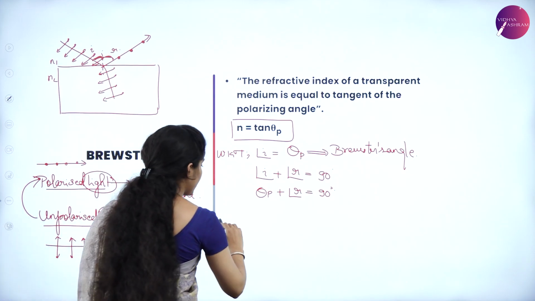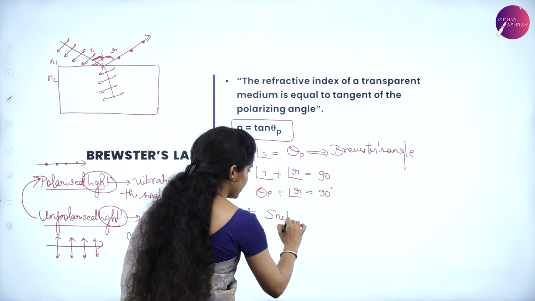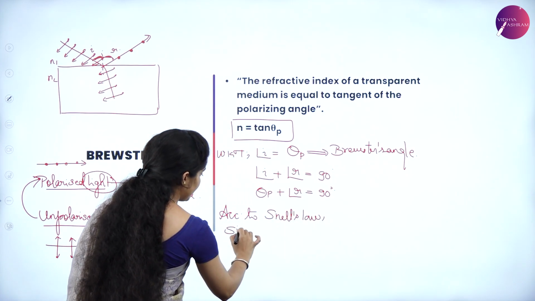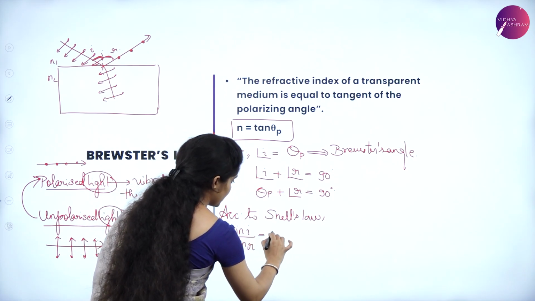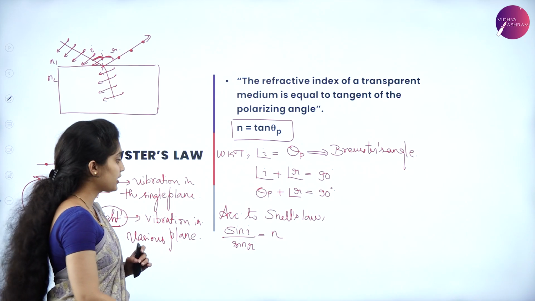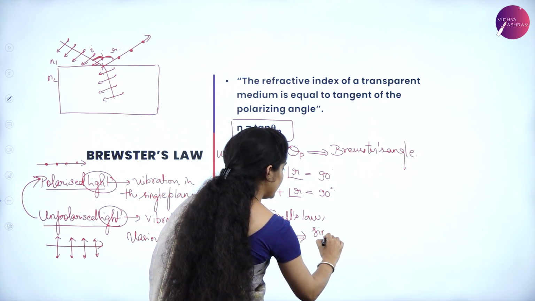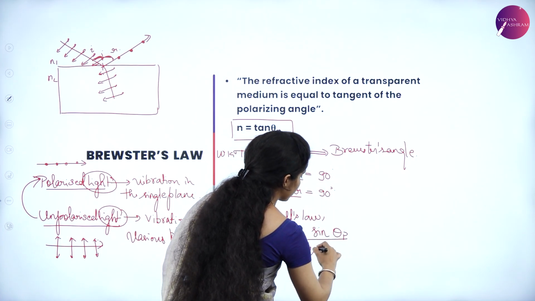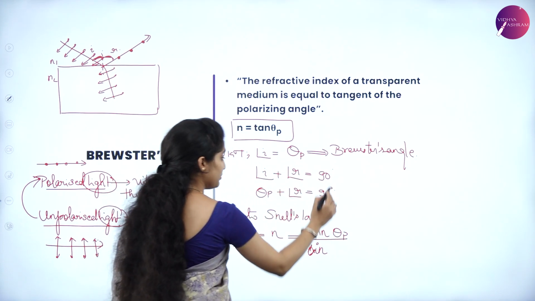Now according to Snell's law, we know that sine of the angle of incidence to the sine of the angle of refraction is equal to a constant, right? So sine i is sine theta p, divided by sine r, where r is 90 minus theta p.